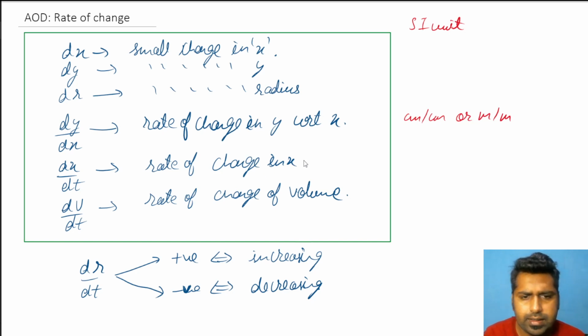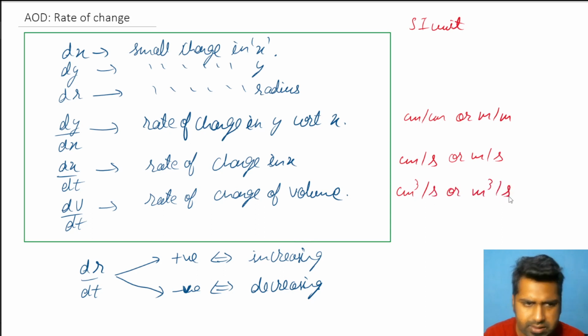dx by dt will be like centimeter per second. If you know a little bit of physics, you can understand this: unit of length divided by unit of time. So centimeter per second or meter per second, depends on the question. Volume is given in centimeter cube per second or meter cube per second. I forgot to mention the area, but I'll add it here.